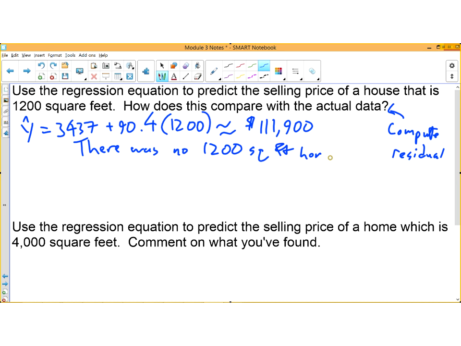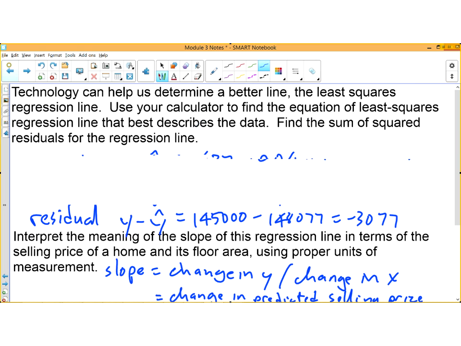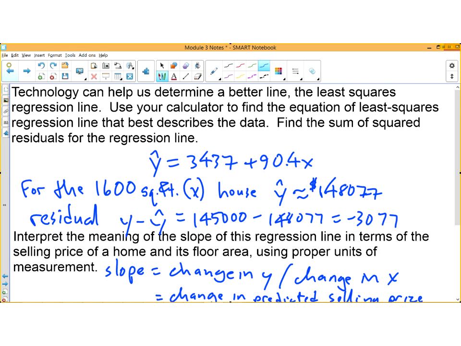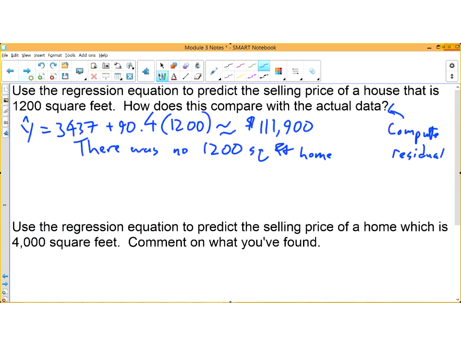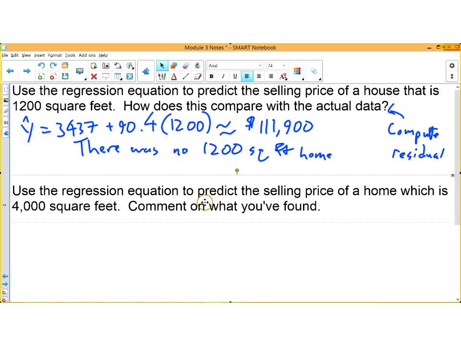Comparing it to the actual data means compute the residual. In this case, there was no 1,200 square foot home, so there's nothing to calculate. But we did it for a 1,600 square foot home. If we go back a page, there it is. We predicted the selling price of a 1,600 square foot home, and then we calculated the residual. The actual house sold for about $3,100 less than predicted. All right, so that's all we need to do on that one.